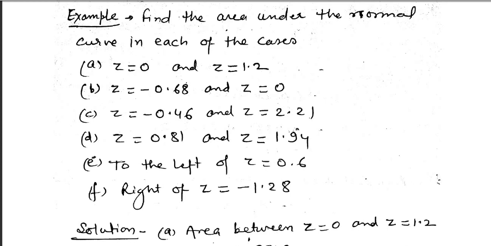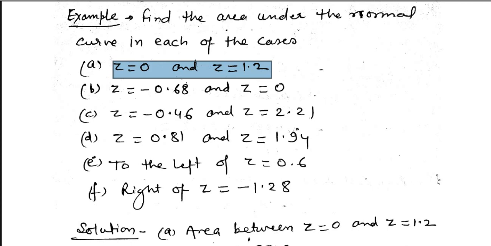Remember that in normal distribution, the area denotes the probability of the distribution. Means find the area under the normal curve between z is equal to 0 and z is equal to 1 by 2.